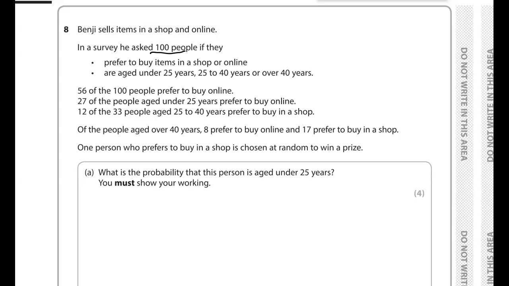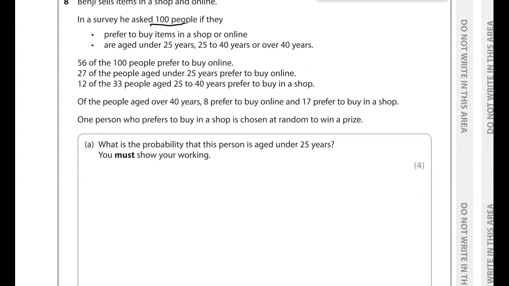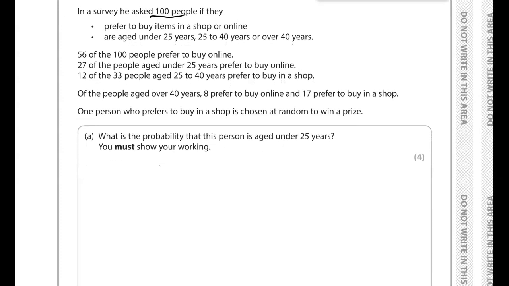To help us organize all this information, we're going to use a two-way table. So we've got these two options, in the shop or online. So shop or online. And we've got these different ages.